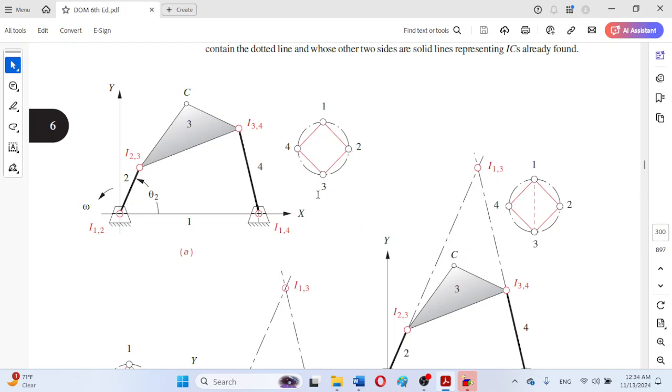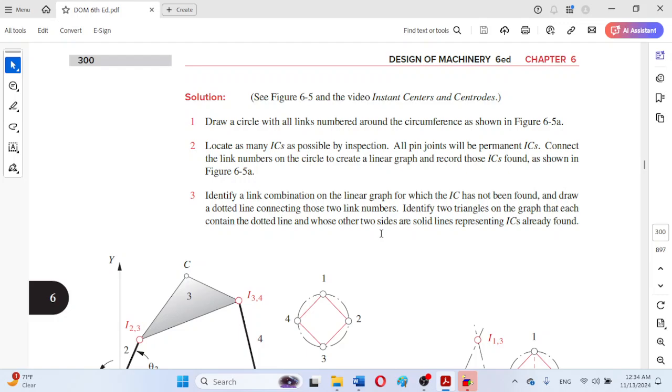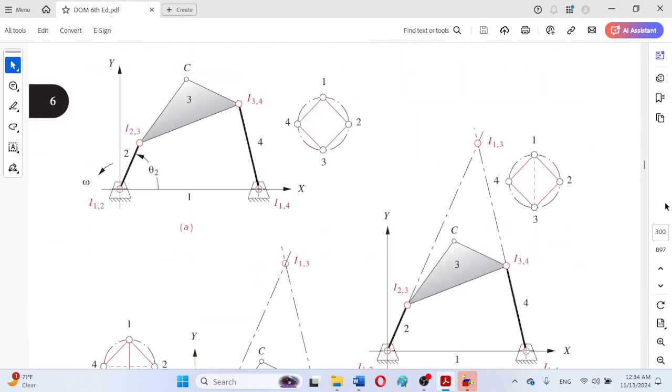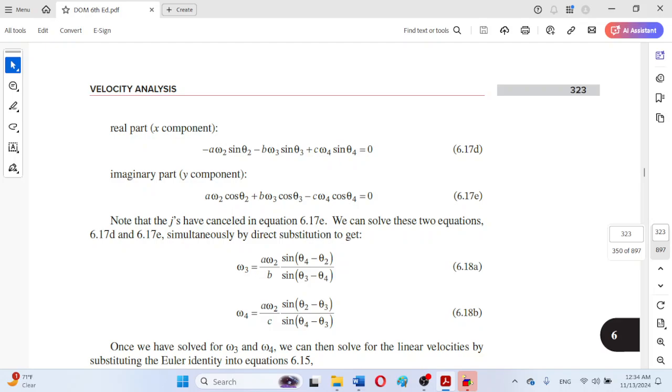So in this way, this is the linear graph. You can further study from here, on page number 299 and 300. The method is mentioned. So again we will be moving to the solution of the example.